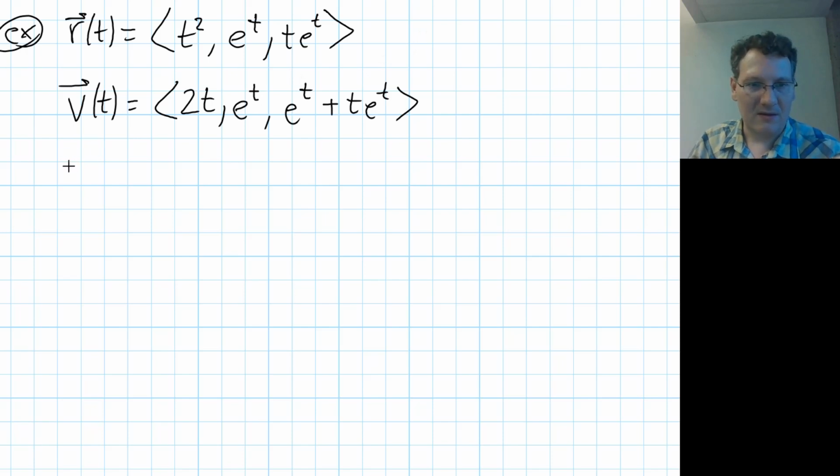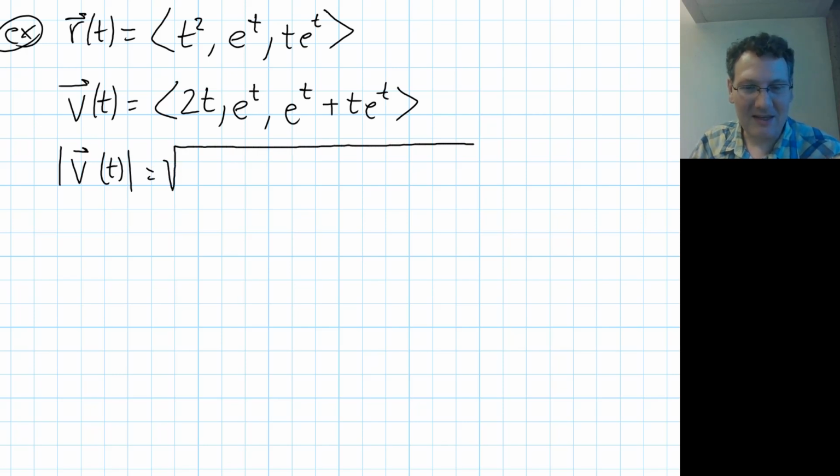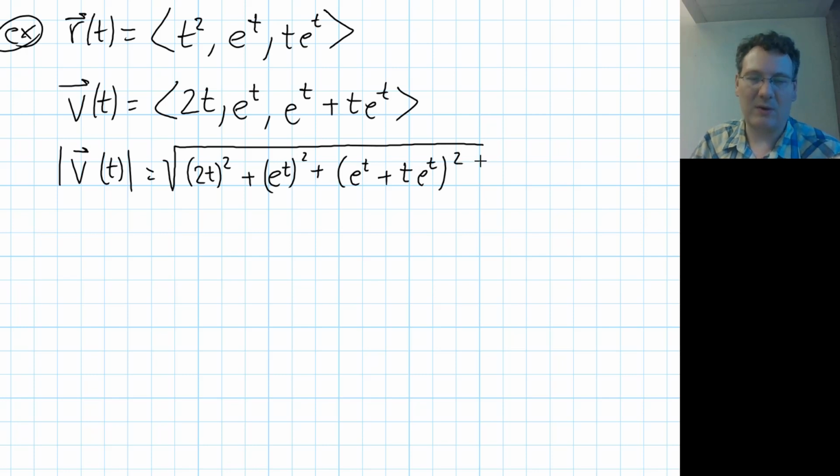The speed of this thing, it's a magnitude, right? This is going to be a little bit less clean and pretty, but I'm still going to do it. So we have (2t) squared plus (e to the t) squared plus (e to the t plus t e to the t) squared.